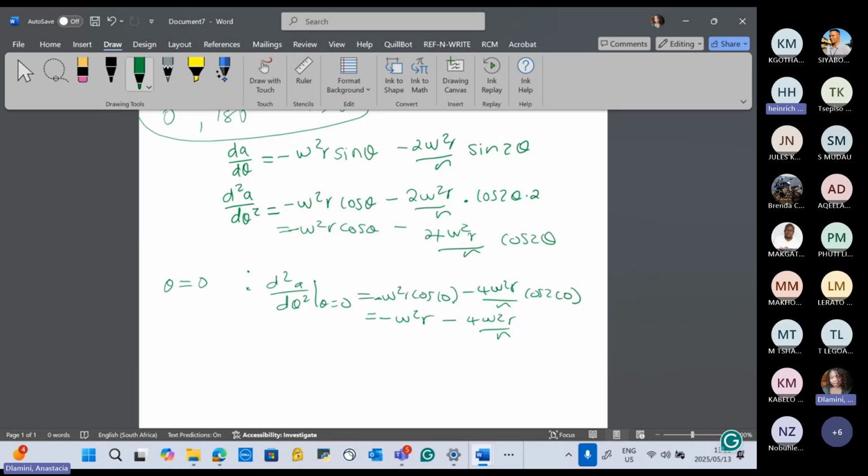Negative. Why? Because both of them have minus signs in front. And they also told us that w is positive, r is positive, n is positive. So all of them are positive. Therefore, because of the negative, it's less than 0. So this gives us a maximum at this point.